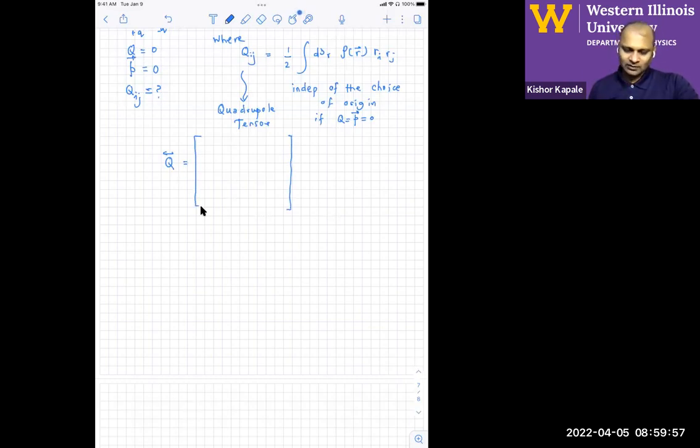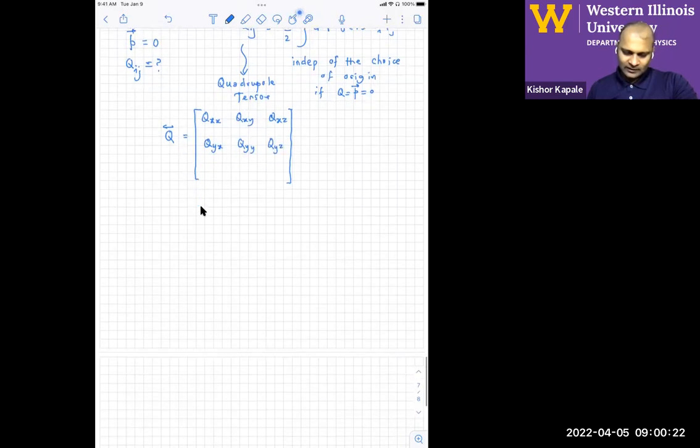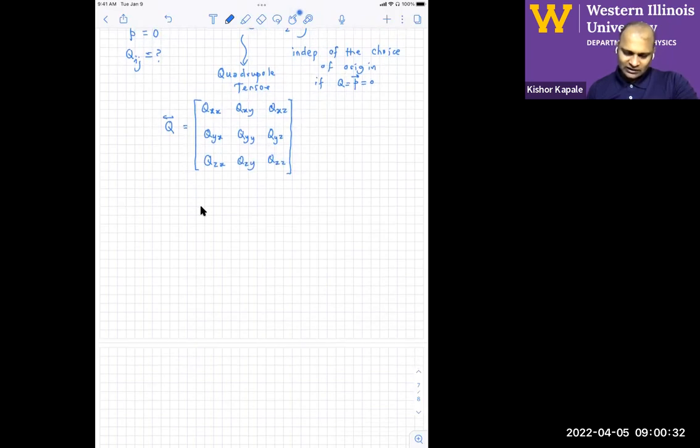So you would have in general 9 components: Qxx, Qxy, Qxz, Qyx, Qyy, Qyz, and then Qzx, Qzy, and Qzz. But it turns out it's symmetric.